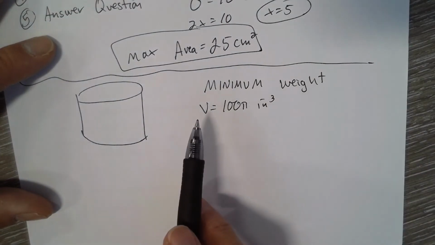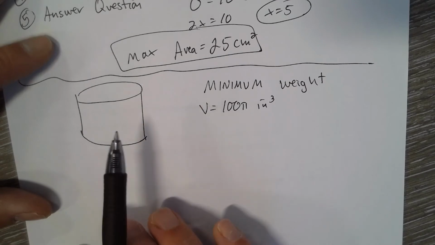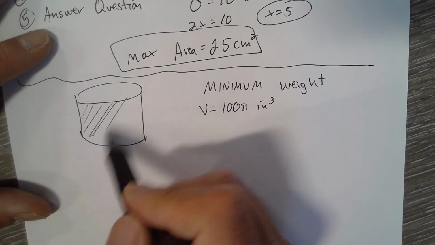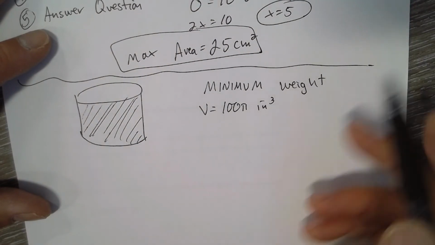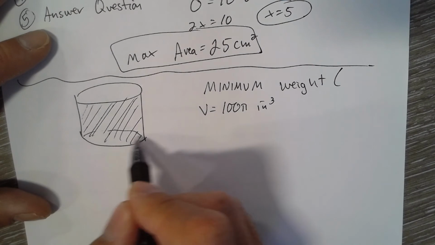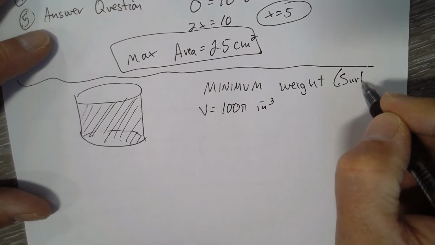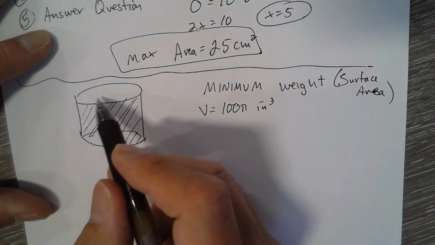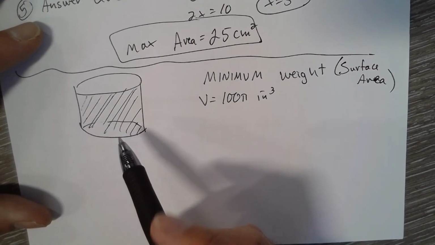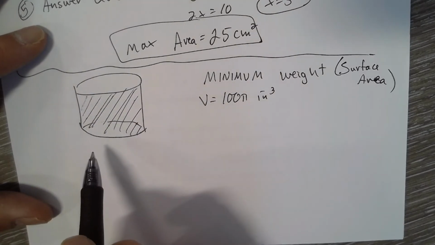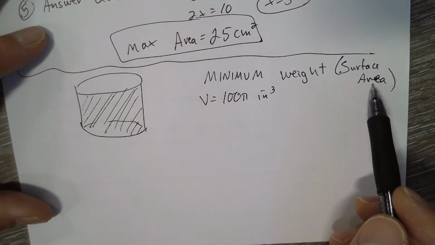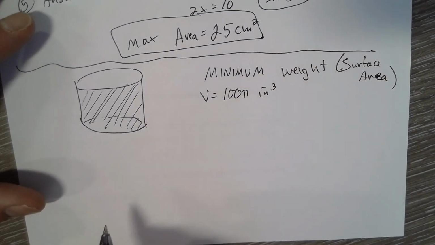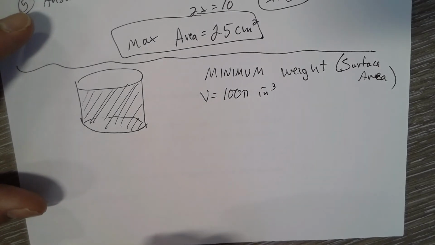Okay, so if we're trying to find the minimum weight, and this is like a sheet metal container, we're actually finding the minimum surface area, because anywhere we have a surface area, that's where the sheet metal exists, and we'll say that it's open top. So if we minimize the surface area, then we'll minimize the weight, but the constraint is you have to have 100 pi inches cubed for its volume.